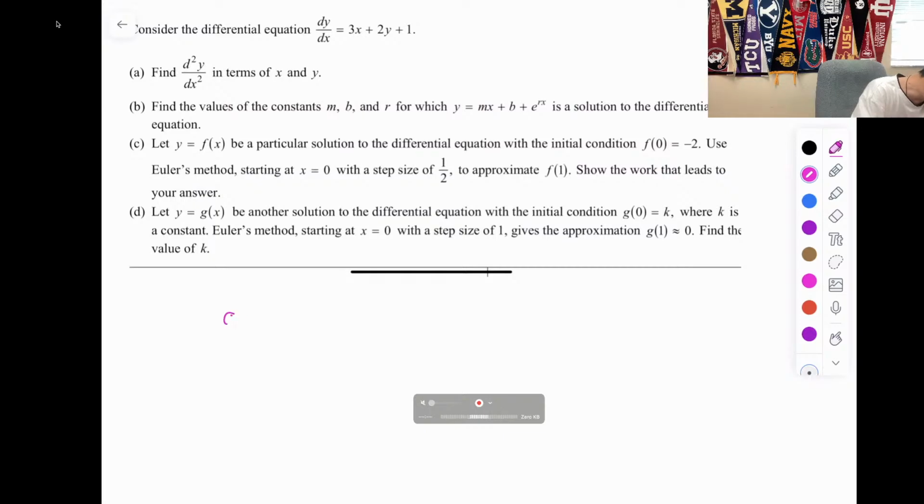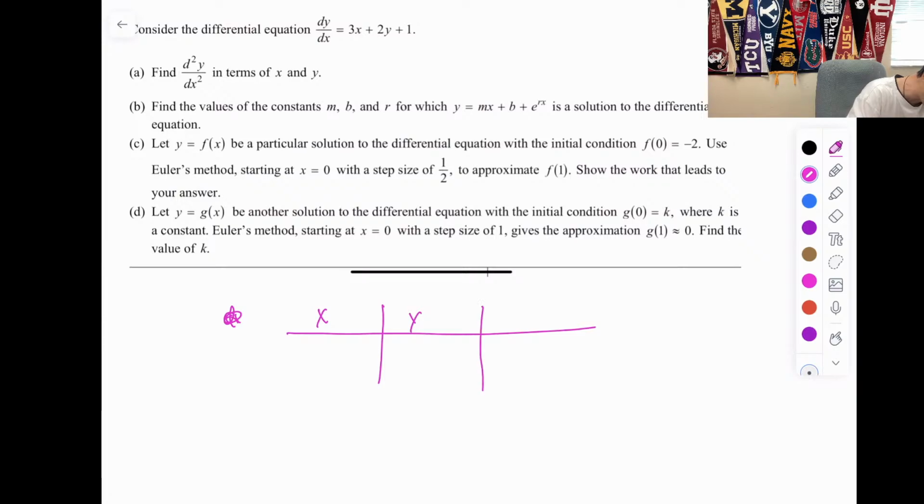So basically, dy/dx. I'm going to do a chart so that it's a little bit easier to see. What happens if you have x equal to 0? This is the initial condition. Is that okay? Can you figure out what dy/dx is? Well, dy/dx is 3 times 0 plus 2 times -2 plus 1, which is equal to -3.